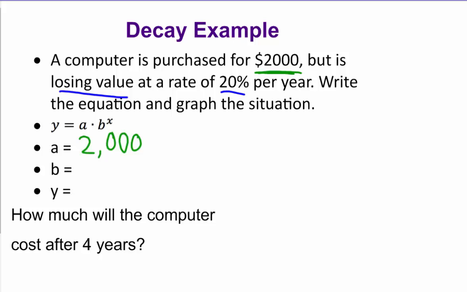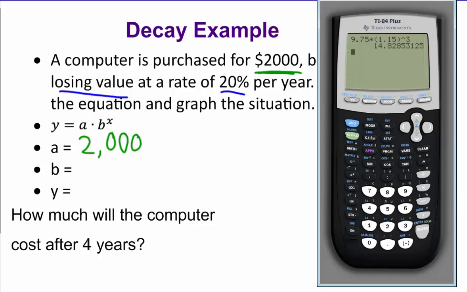So 20%, let's put this in our calculator. If we go 20 divided by 100, it equals 0.2. And if we do 1 subtract 0.2, because it is a decay example, so we need to subtract our rate, we get 0.8.